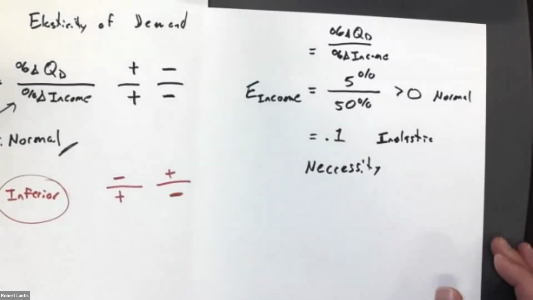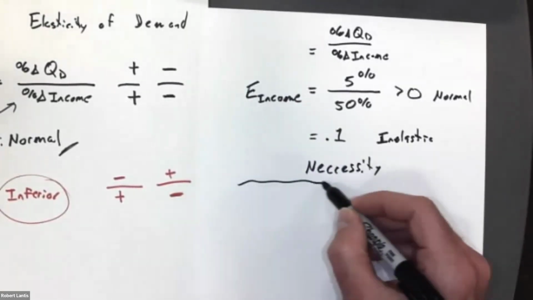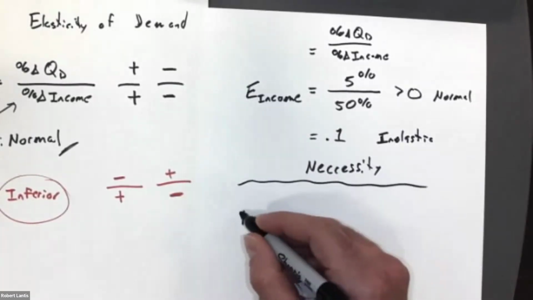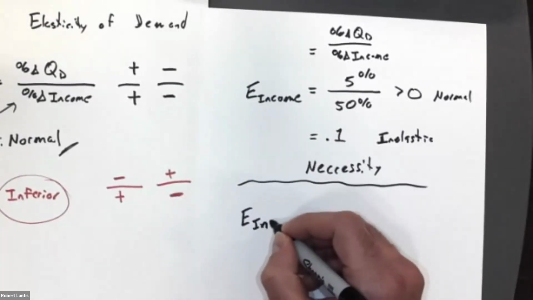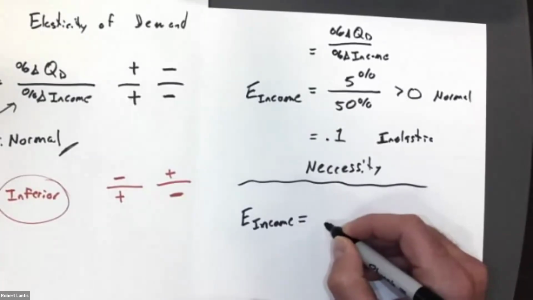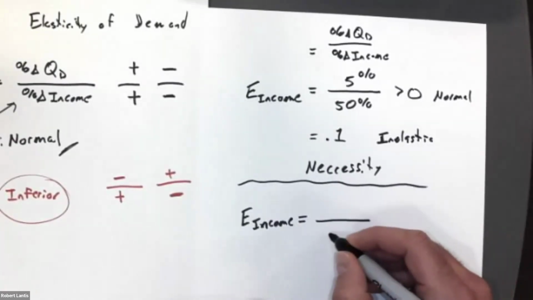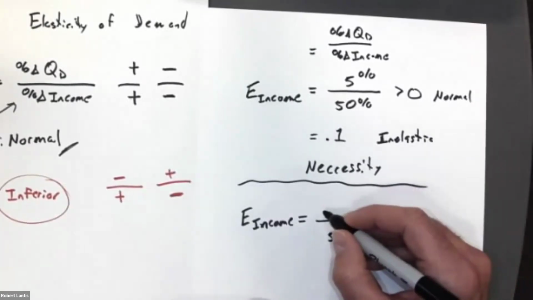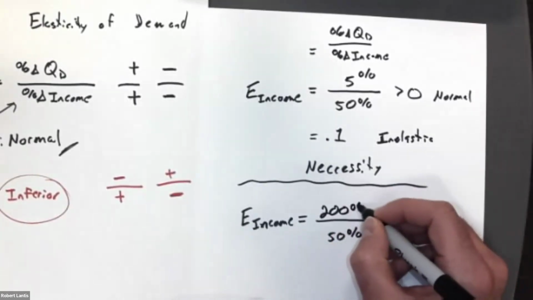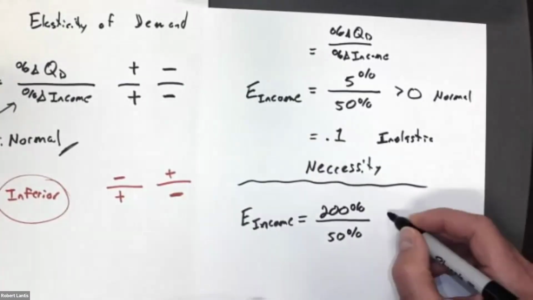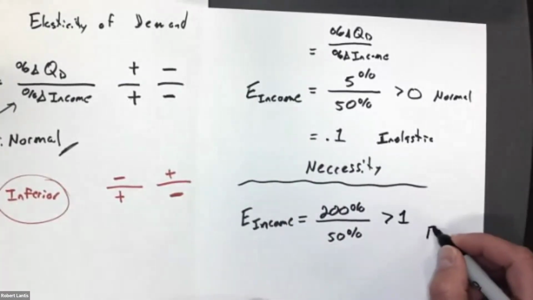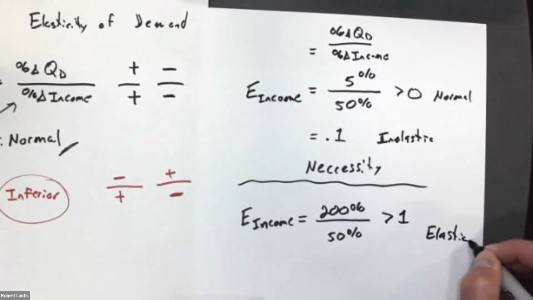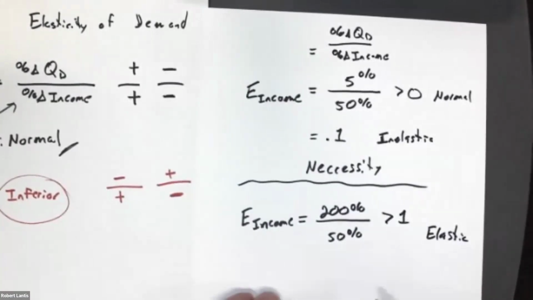Now let's say my income goes up by 50%, and as a result, I buy 200% more of this good. Well, there, it looks like we've got elastic income elasticity of demand. What would that mean?